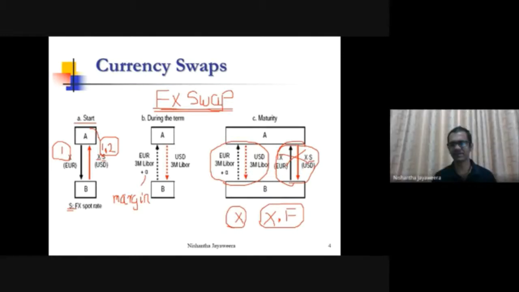No, he won't, because what is the purpose of margin? To compensate the risk. The party who is having high creditworthiness is taking the risk of the other party. To compensate that, he takes the margin.